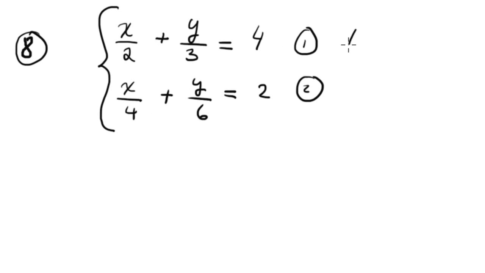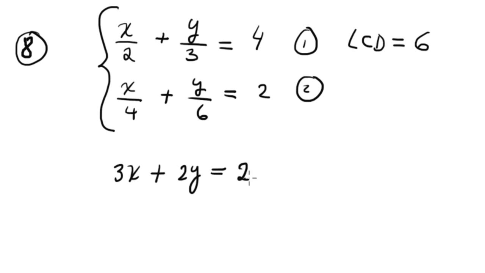And the systematic way to eliminate the fractions is to multiply the entire equation by the least common denominator, in this case 6. When you multiply 6 times everything, 6 times 1/2 is 3x plus 2y is equal to 24. This is equation number 1 transformed without fractions.